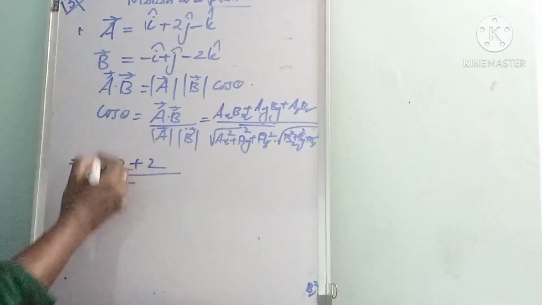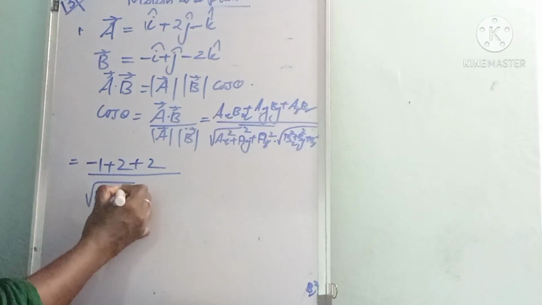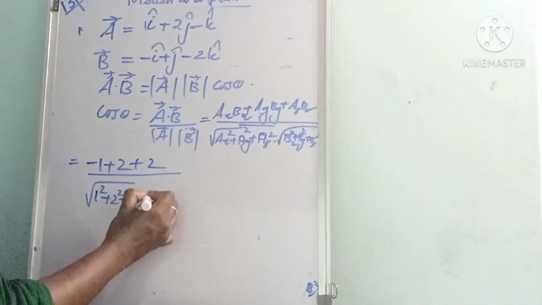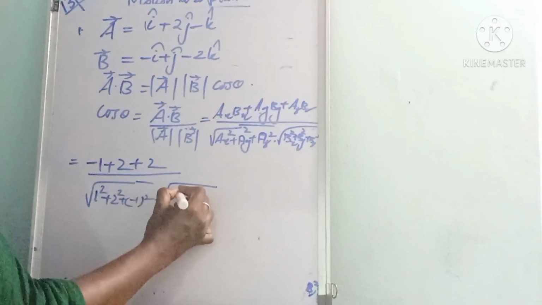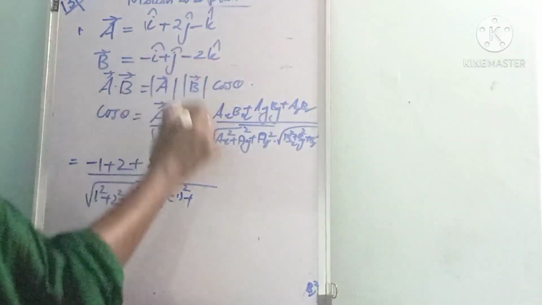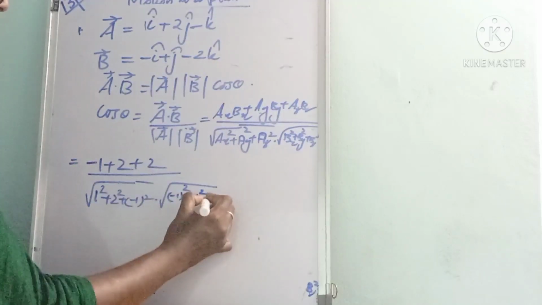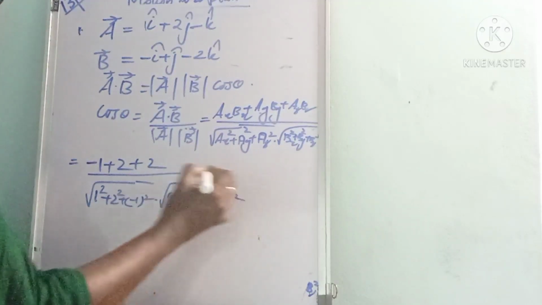Okay, here it is: 1 square plus 2 square plus minus 1 square, into square root of BX square minus 1 square plus 1 square plus minus 2 whole square.